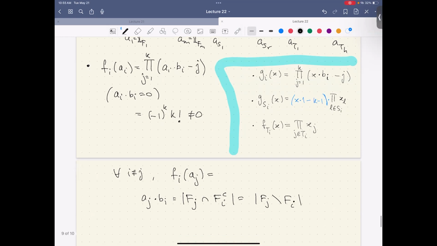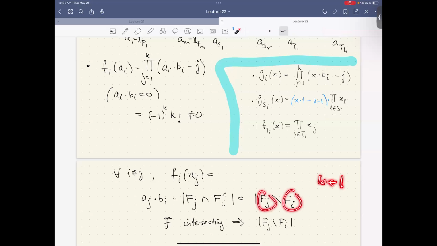But what do we know? We know the family F is intersecting, which implies Fj minus Fi: each one of these sets is k plus 1 uniform, so this is strictly smaller than k plus 1 because they share elements.